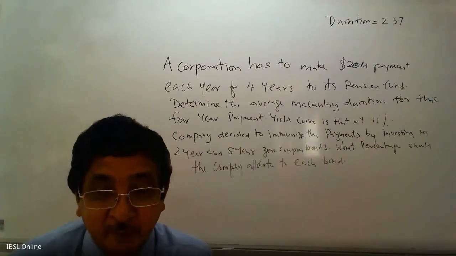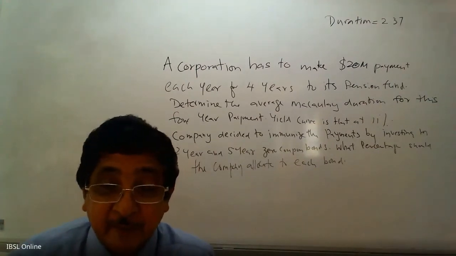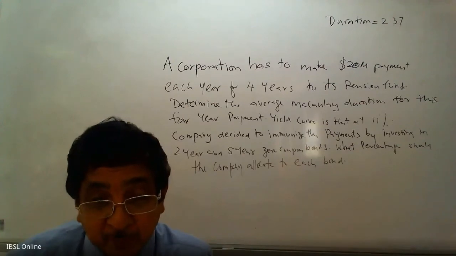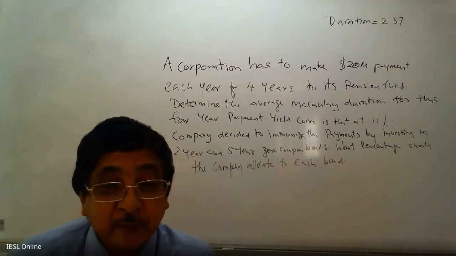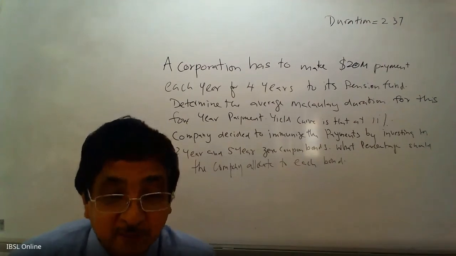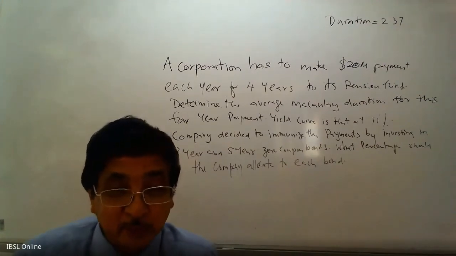Two years exactly. Very good. And if you take a 5-year zero coupon bond, exactly the duration of that bond is 5 years. I think now you know that.